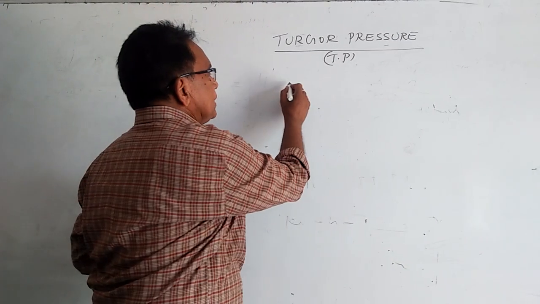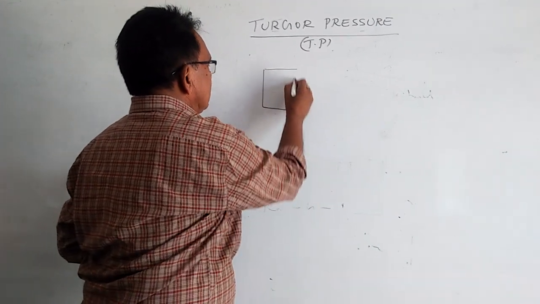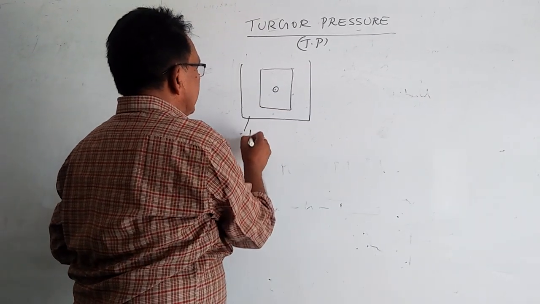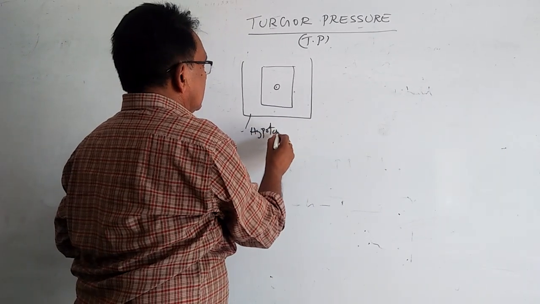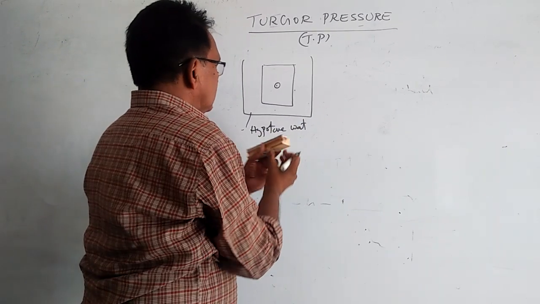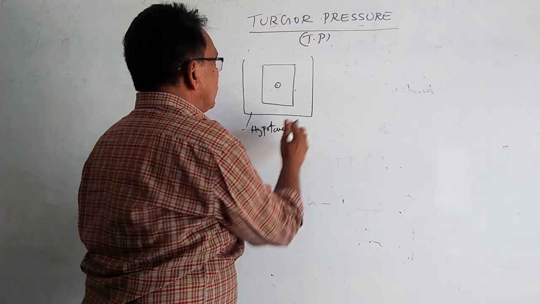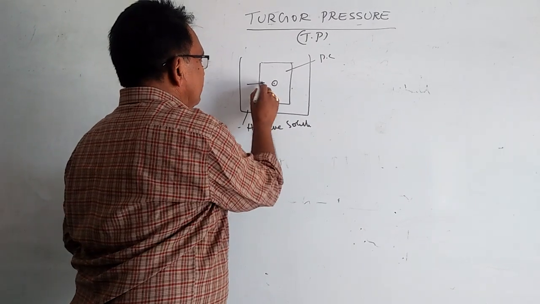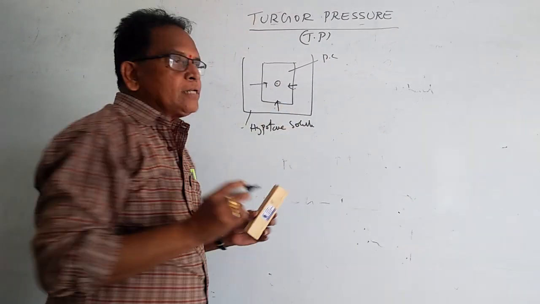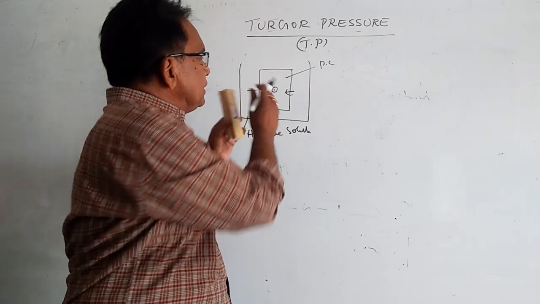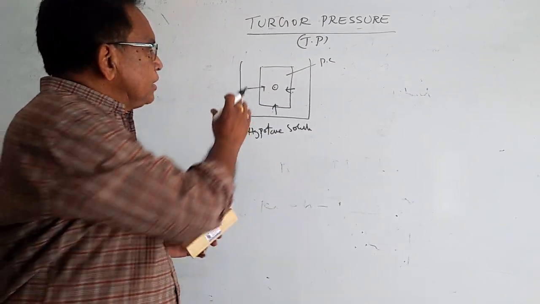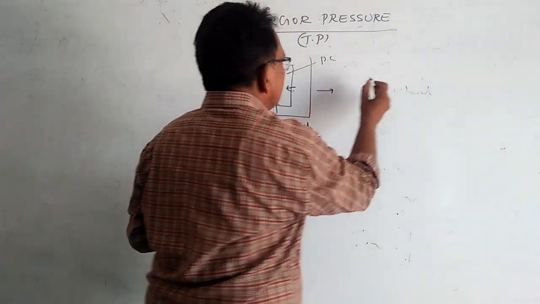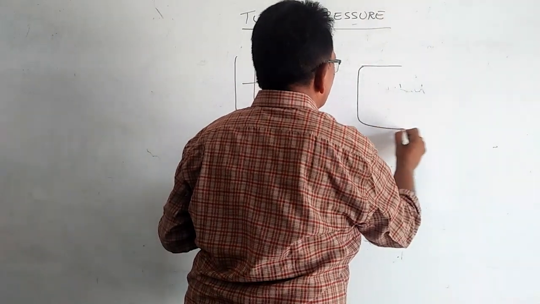So when we place a plant cell in a hypotonic solution, water from outside enters into the plant cell, and as a result of this entry of water, the plant cell gradually becomes swollen.